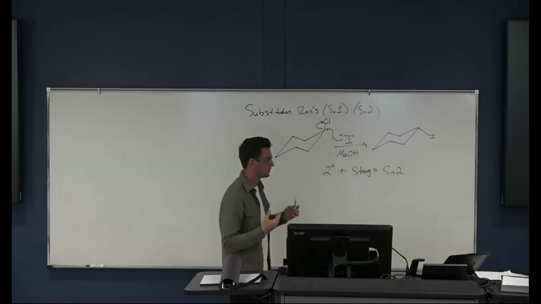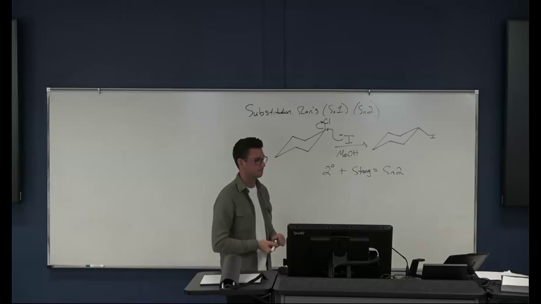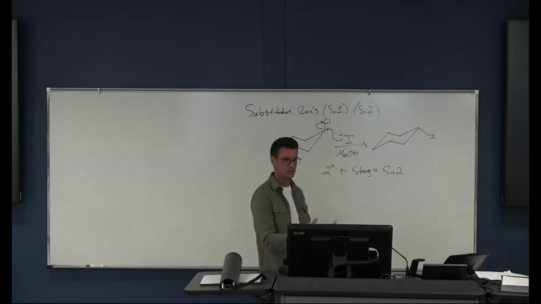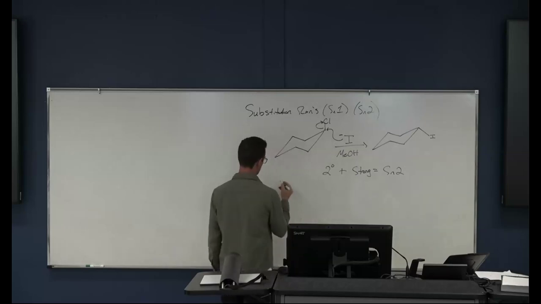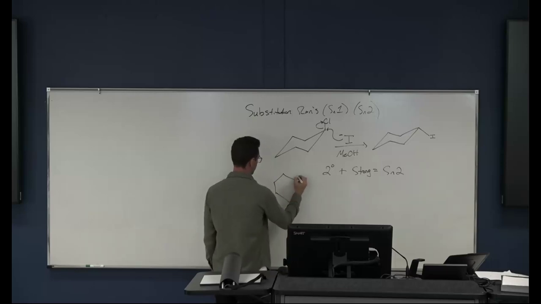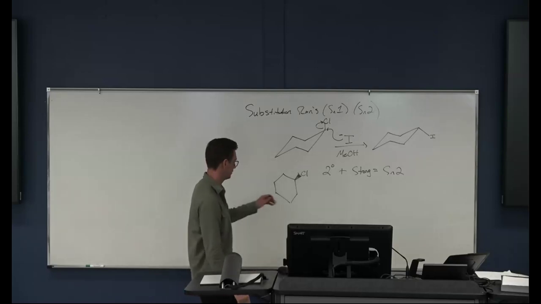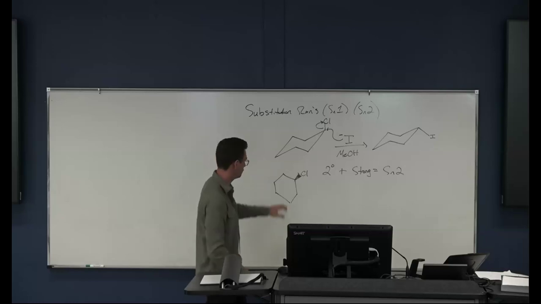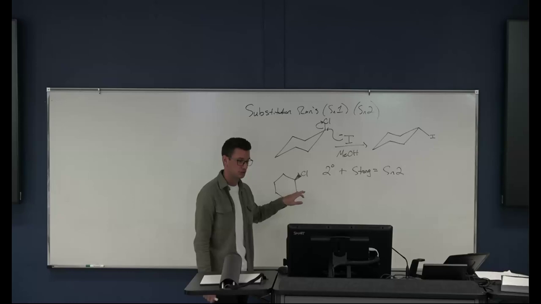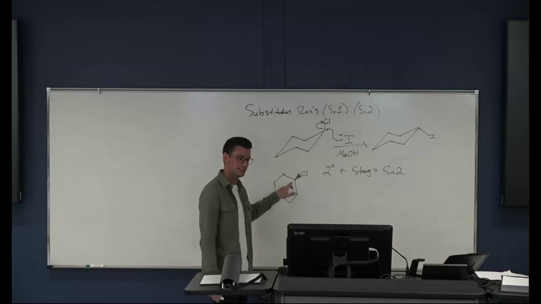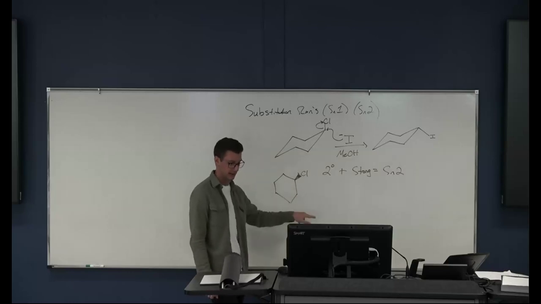What I like to say is that wedged is up, dashed is down. So let's just assume you have this chair. All right, this cyclohexane with the chlorine. All right. Wedged, if you were to redraw this as a chair, wedged is up, dashed is down.